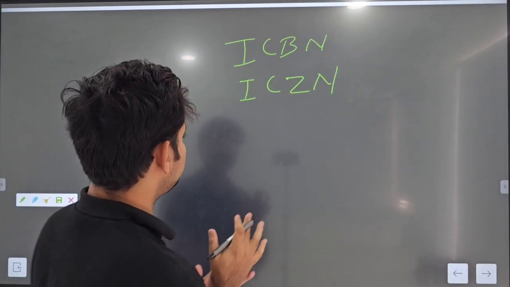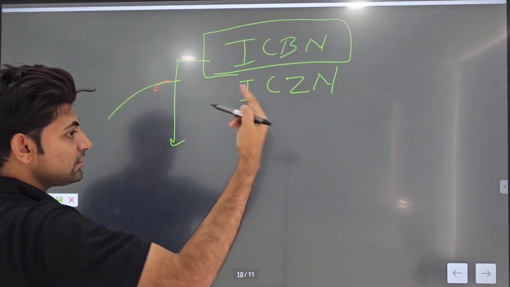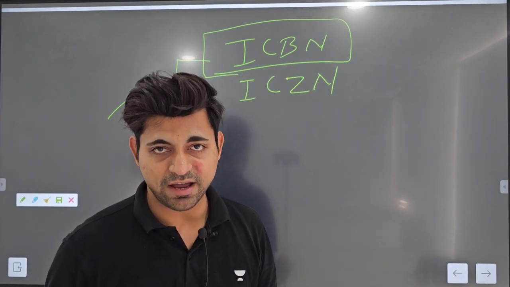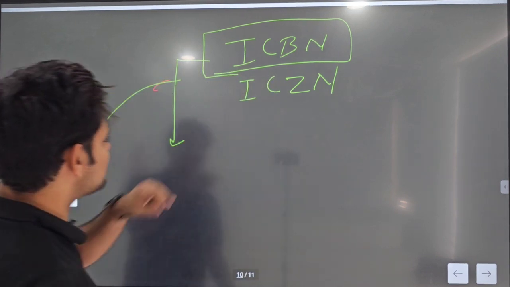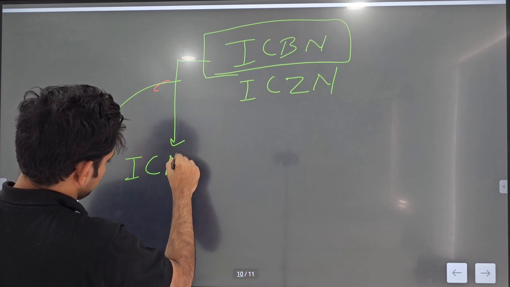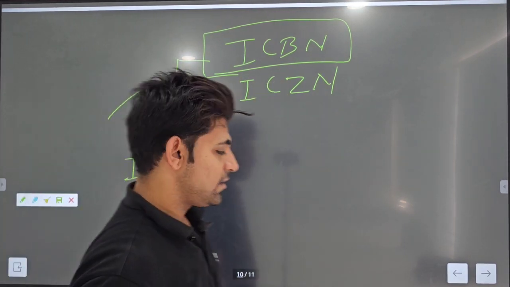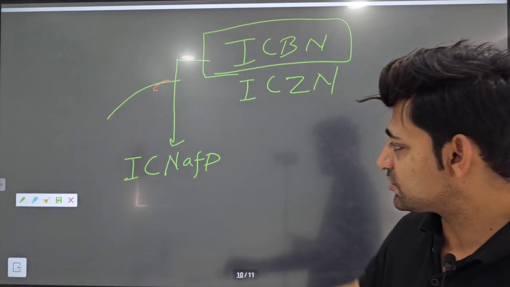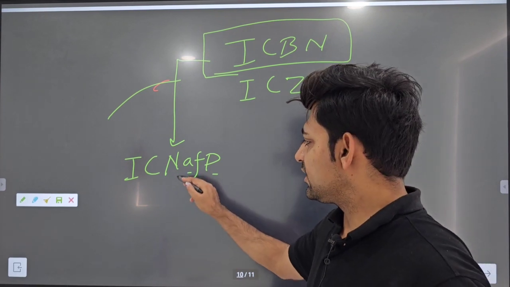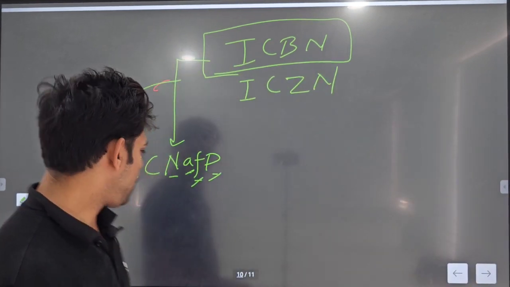Now, do you know that nowadays ICBN is overlapping with the International Code of Bacteriological Nomenclature? There is also an ICBN. That's why they have changed ICBN to ICNAFP, the International Code of Nomenclature for Algae, Fungi and Plants. They are the regulatory bodies.